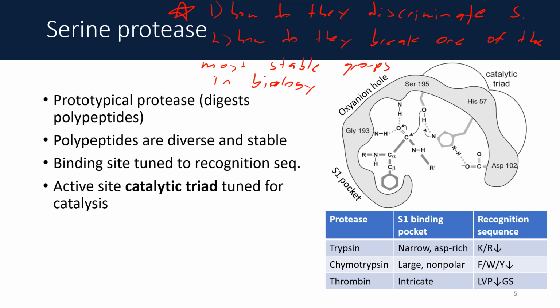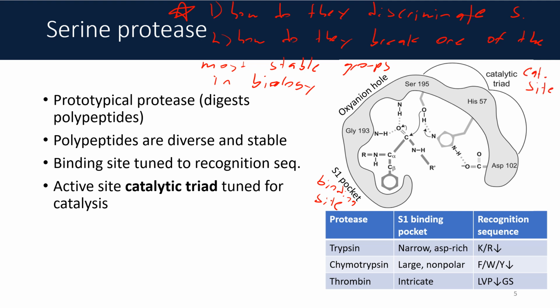Remember how a few lectures back I said that the binding site and the catalytic site are technically two different subcomponents of the enzyme active site, and this diagram should explain why. Over here, where we have the S1 pocket, that's the binding site. And on the other end, this whole complicated mess in this diagram of a serine protease active site, we have a catalytic triad, which are 3 reactive residues that constitute the catalytic site.